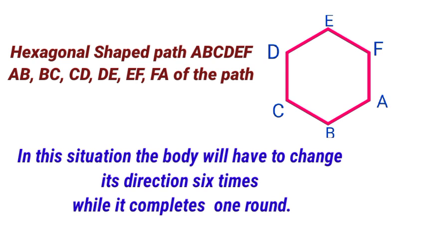That is from AB to BC, then CD, DE, EF, at last FA. So you can observe that the body has to change its direction 6 times while it completes one round.